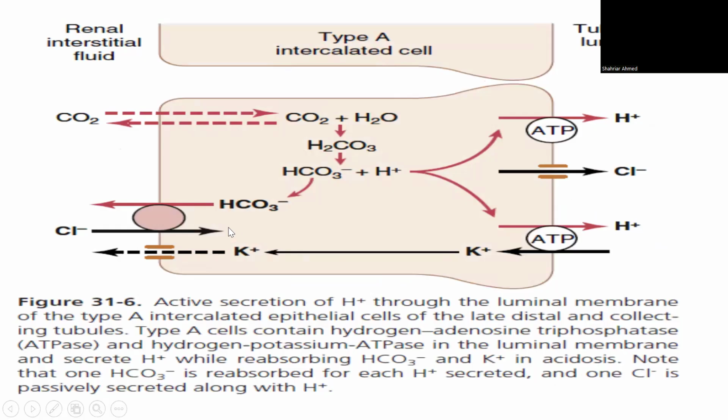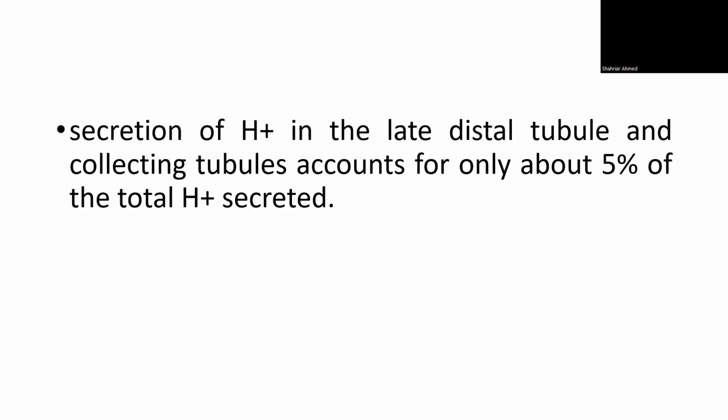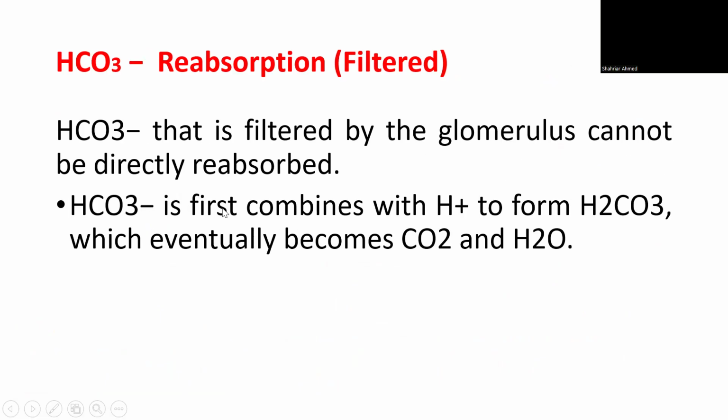So at first, hydrogen ion will be produced from carbon dioxide by dissociation of carbonic acid by carbonic anhydrase. Secretion of hydrogen ion in the late distal tubule and collecting tubule accounts for only about 5% of the total hydrogen ion secretion.